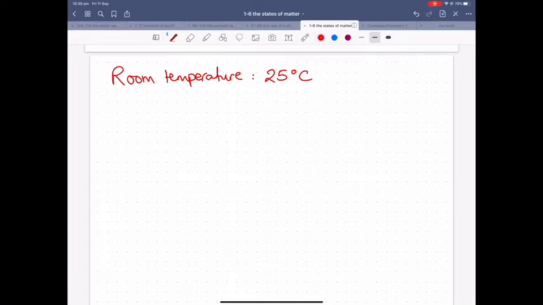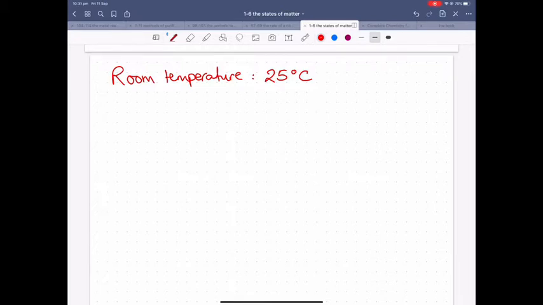Some rooms are slightly warmer than others, some are colder, depends if you've got the AC on, and so on and so forth.